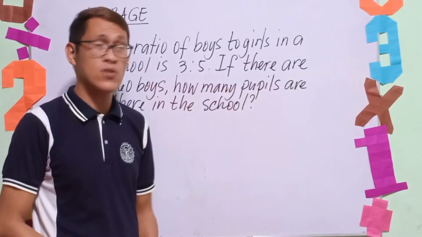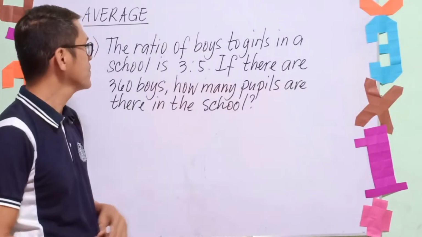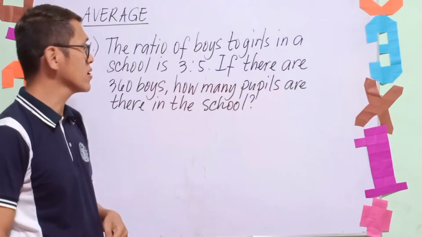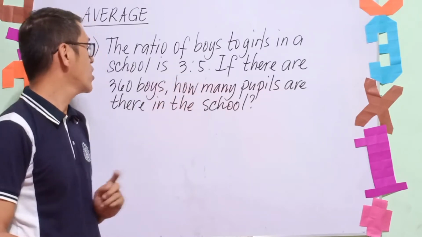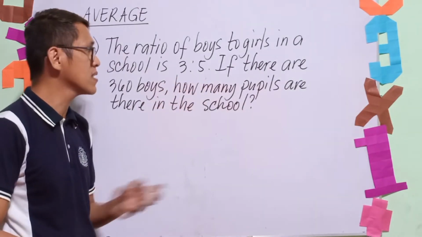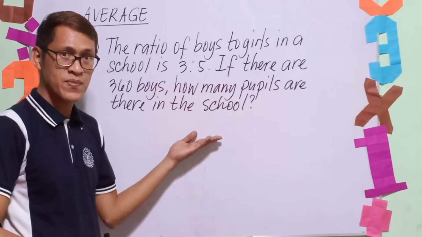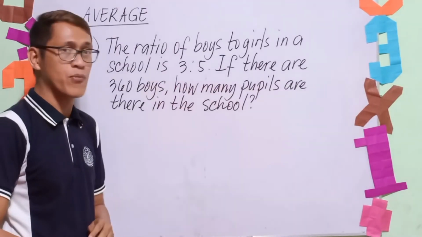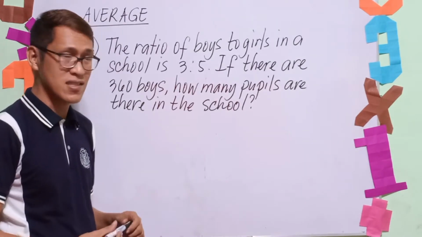Now let's proceed with the average questions. Let's solve problem number 1. The ratio of boys to girls in a school is 3:5. If there are 360 boys, how many pupils are there in the school? For you to solve this word problem, you better use blocks, okay?